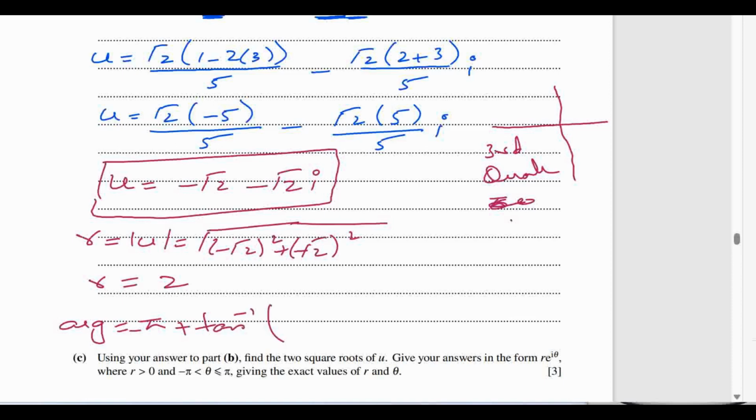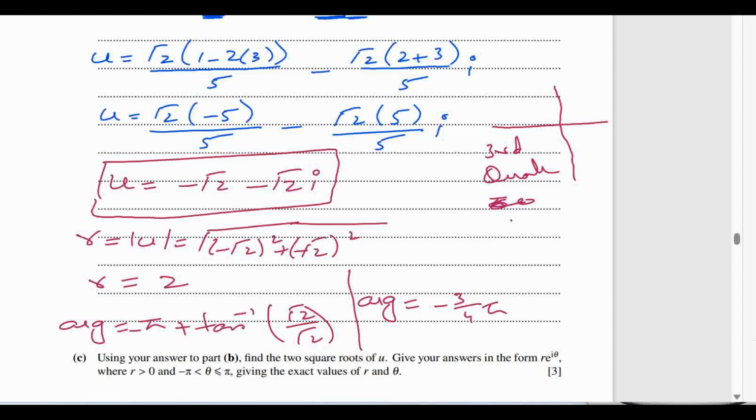So square root of 2 by square root of 2. So argument will be equal to minus 3 by 4 pi. If we simplify this, this will come to you.